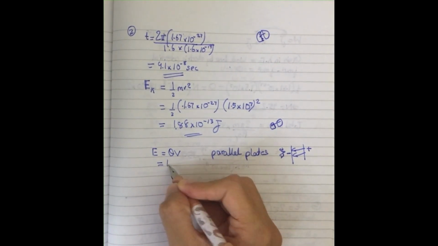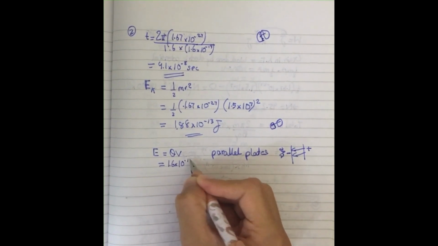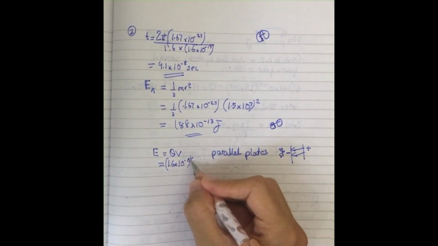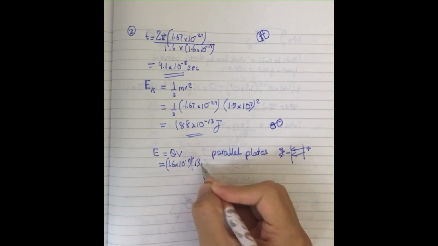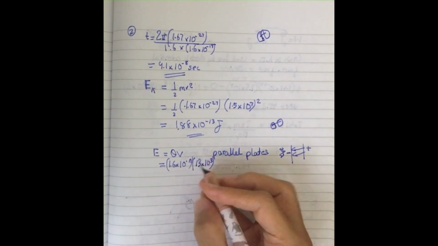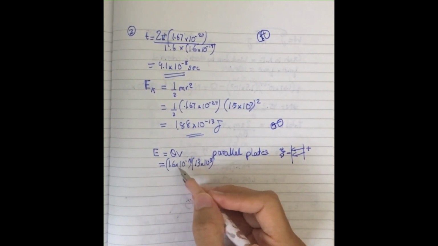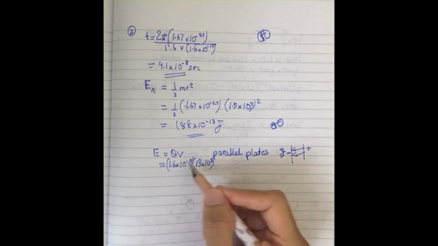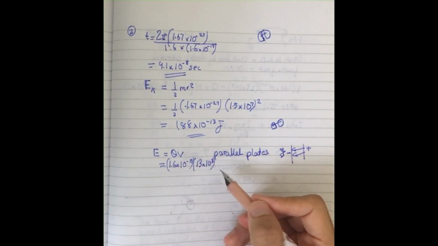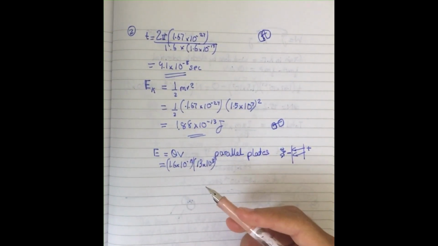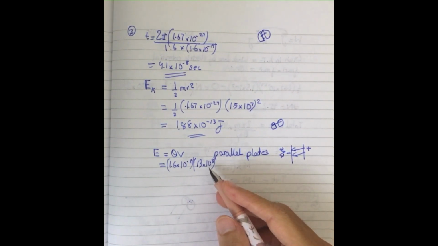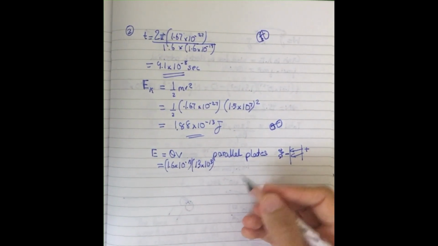So we calculate this with 1.6 times 10 raised to power minus 19, times 13 times 10 raised to power 3. This is the value of the charge of the proton, and this is V, the accelerating potential difference given in the question.